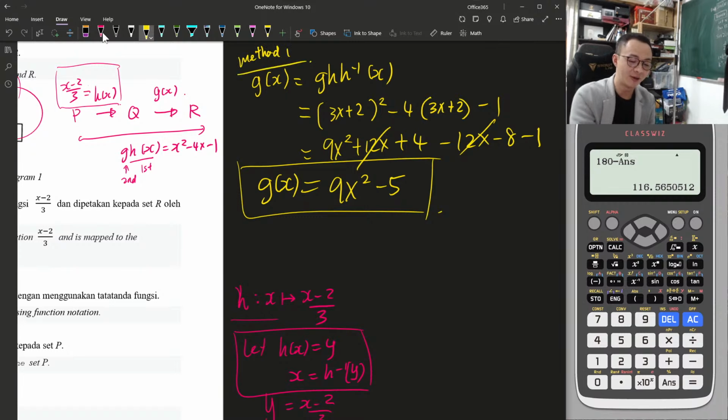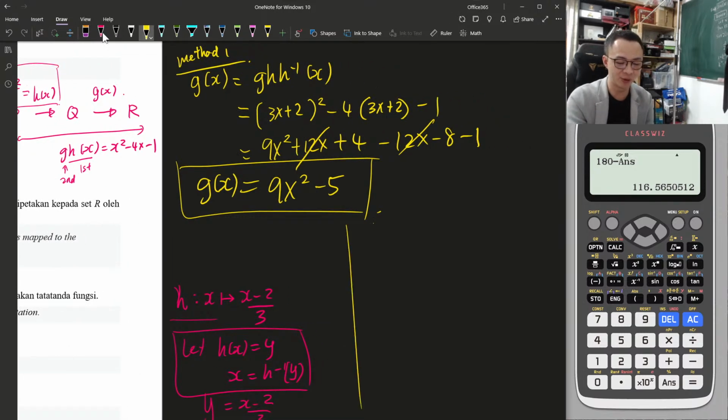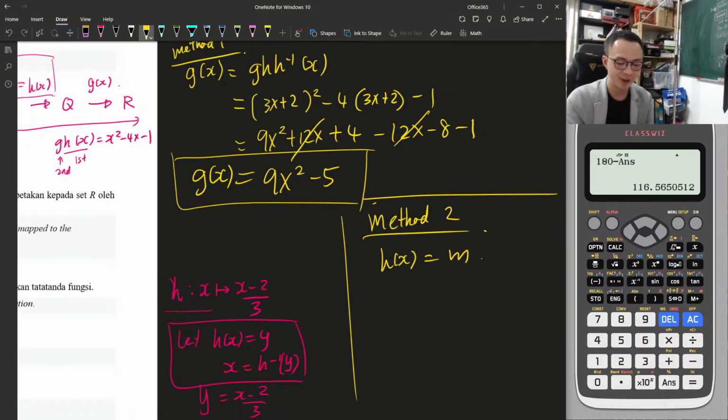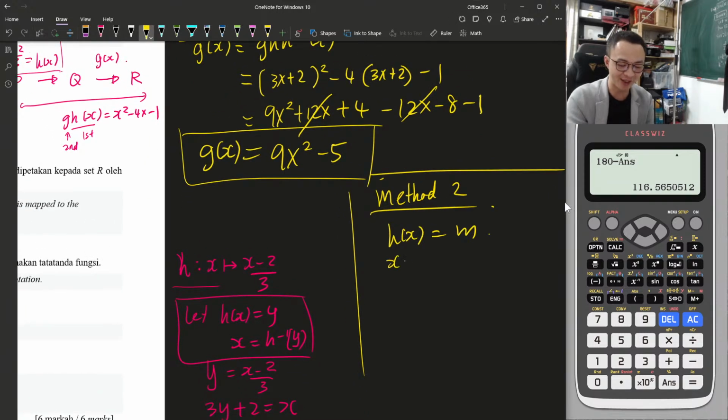Method one. Alright, let's try method two. Method two is I will let h(x) equal m here. I have the h(x) equation, which is (x minus 2) over 3 equals m. What I want to do here is make x the subject: x equals 3m plus 2. Okay, I will stay here first.